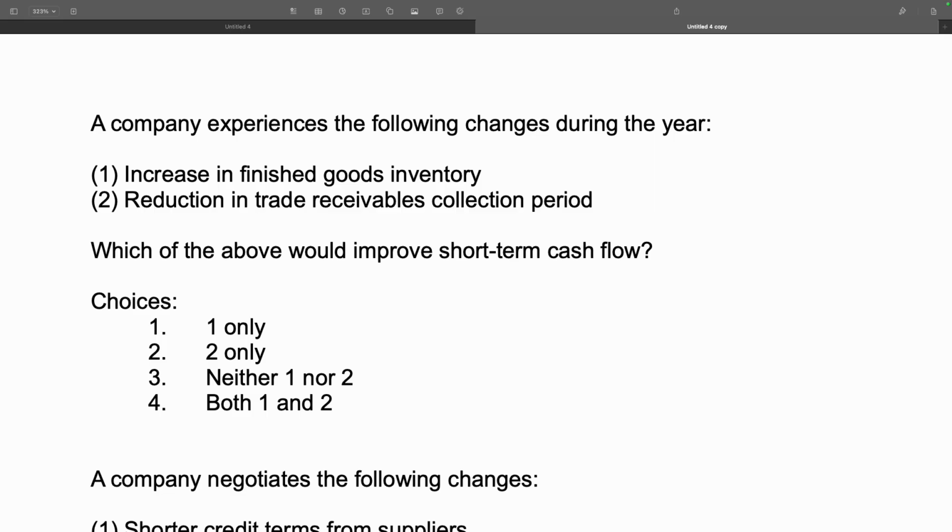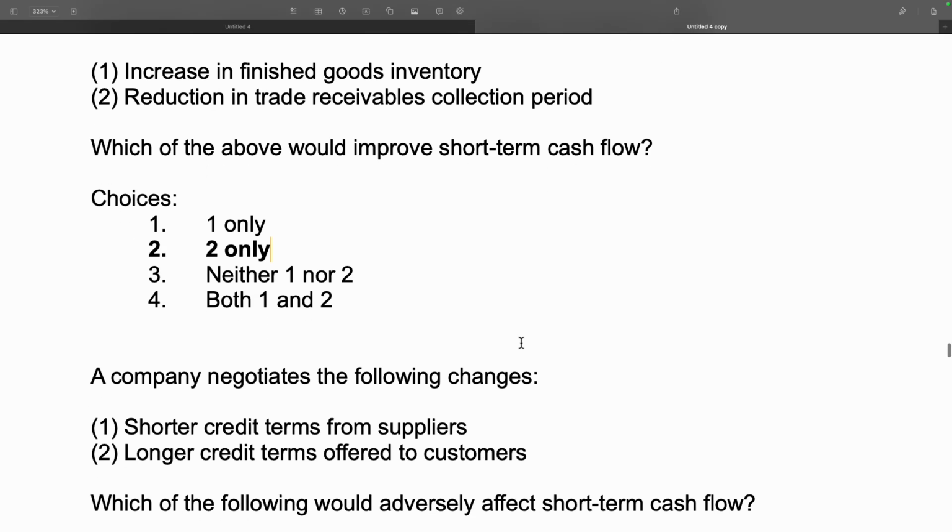Which of the following would improve short-term cash flow? The answer is 2 only. Reduction in trade receivable collection period would probably improve short-term cash flow.